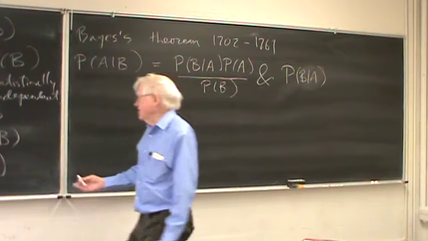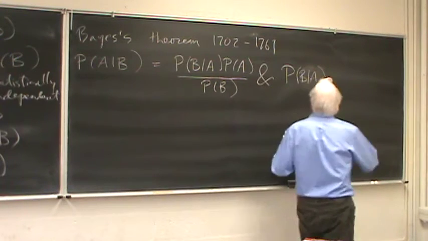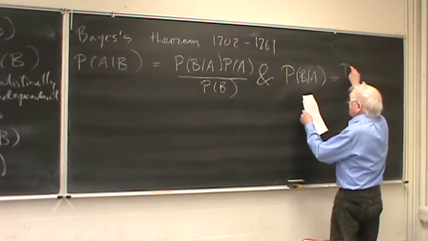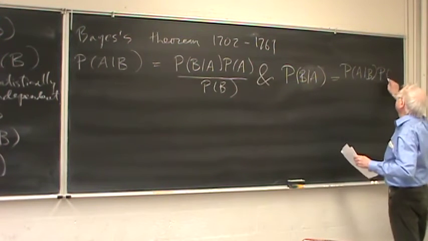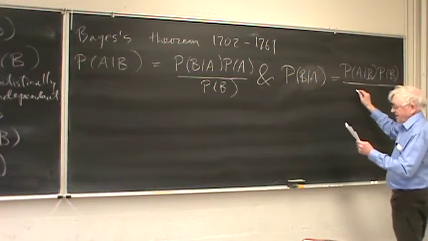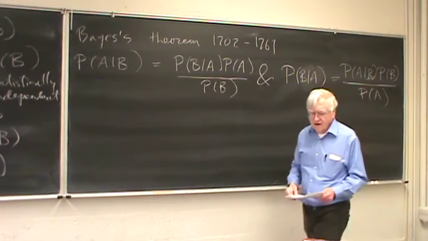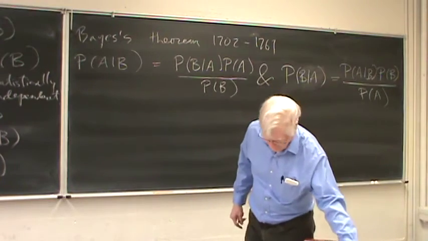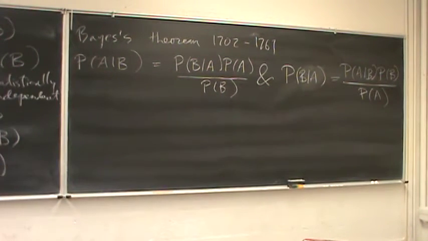So probability of B given A, we divide this equality both sides by P of A, and then what we get is P of A given B, P of B divided by P of A. So those are some results, and they seem just obvious.